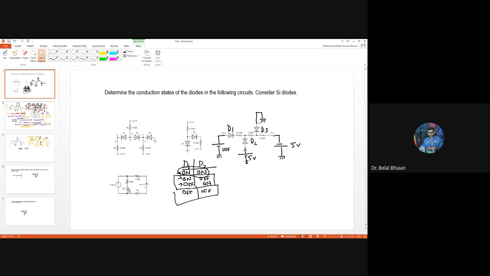Replace the diode with 0.7, determine the current, and check if the current is flowing from P side to N side. For D3 check P to N, and again for D4 check P to N. If it is P to N, the diode is on. If it is N to P, the diode is off. It's as simple as that.